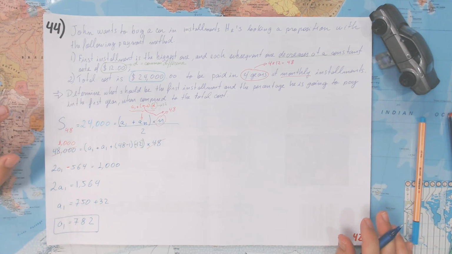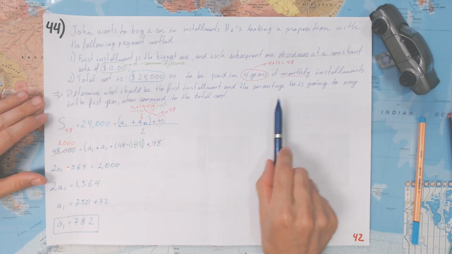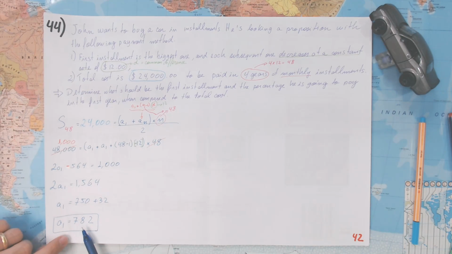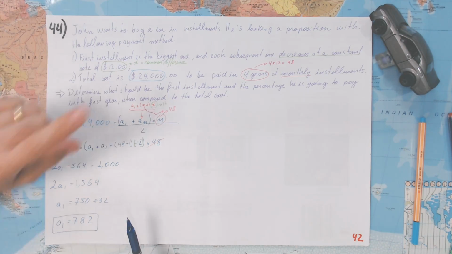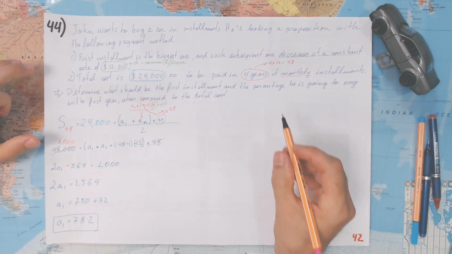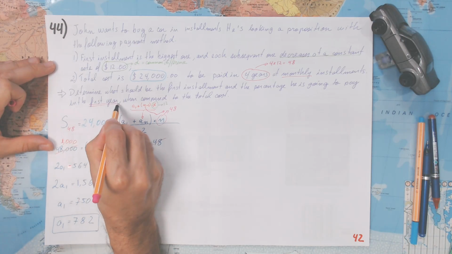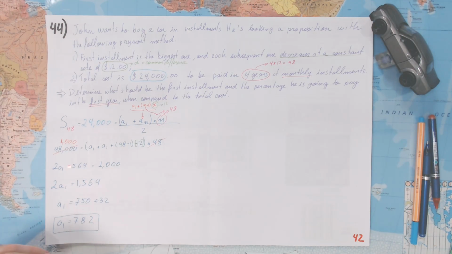I don't want A1, okay, but don't rush things and just start to think, okay, he wants to know what is the percentage of A1 over 24,000. No, I'm not asking that. What I'm asking is this: what is the percentage he's going to pay in the first full year? Okay, it is not the first installment, it is the first full year.